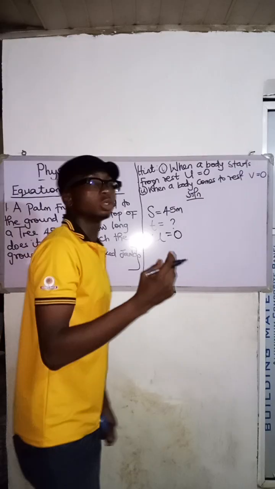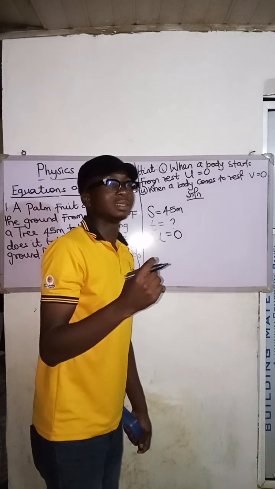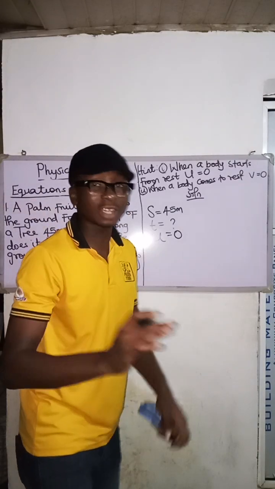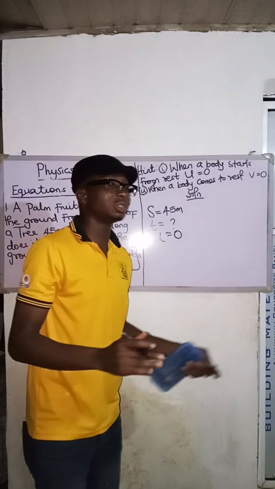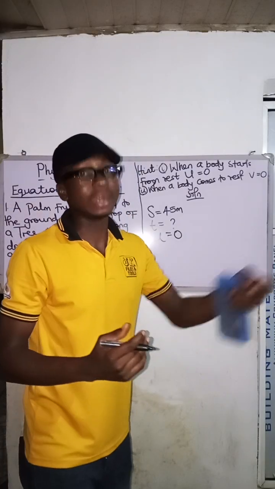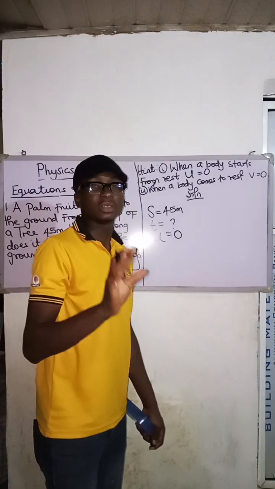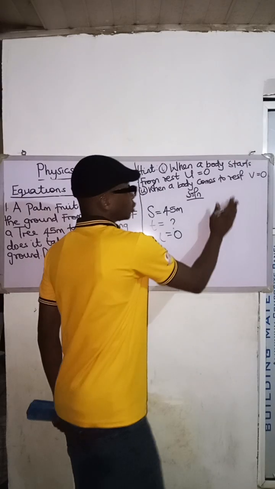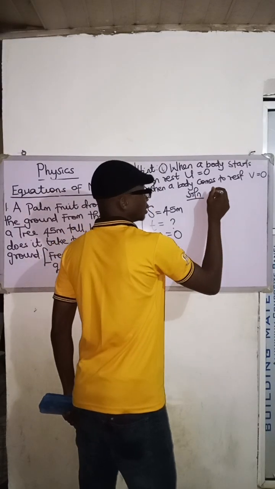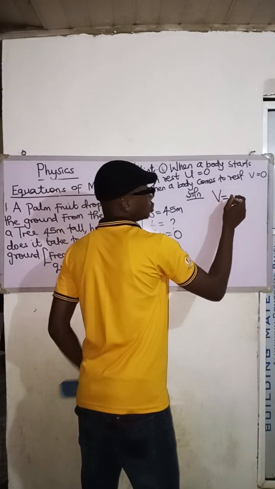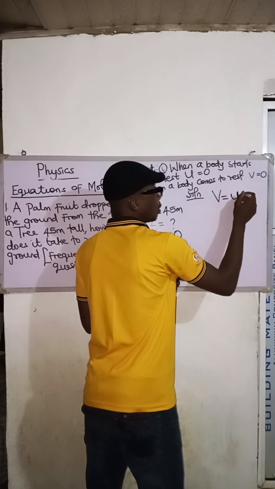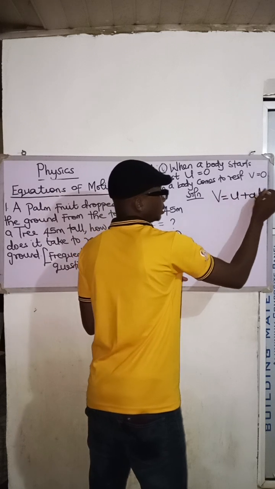Now, there are 3 equations of motion that JAMB candidates, in fact, students in general, both WAEC students, JAMB students, and NECO students should know. I'm going to write them down here. The first is V is equal to U plus AT.